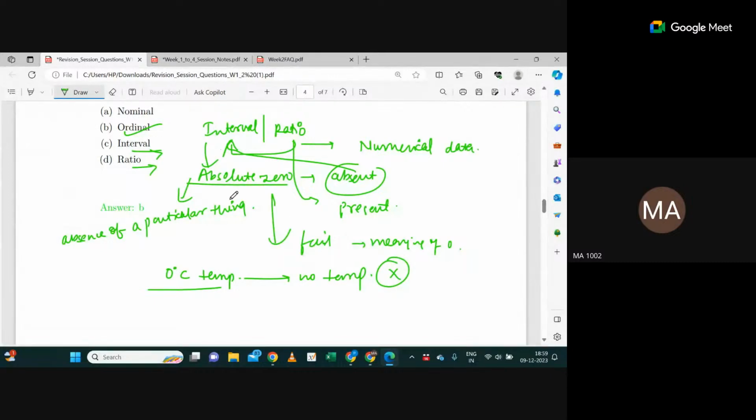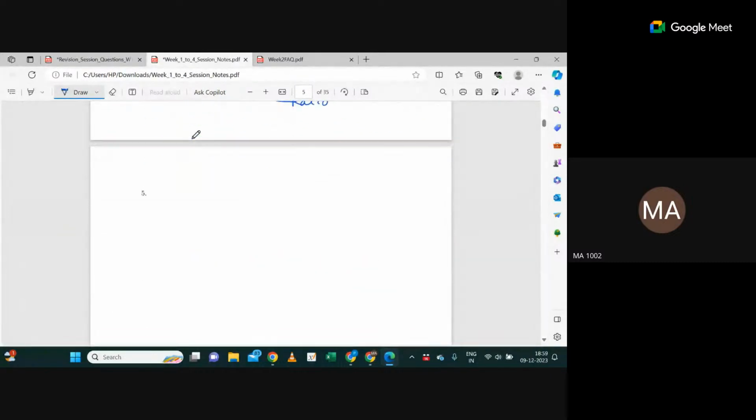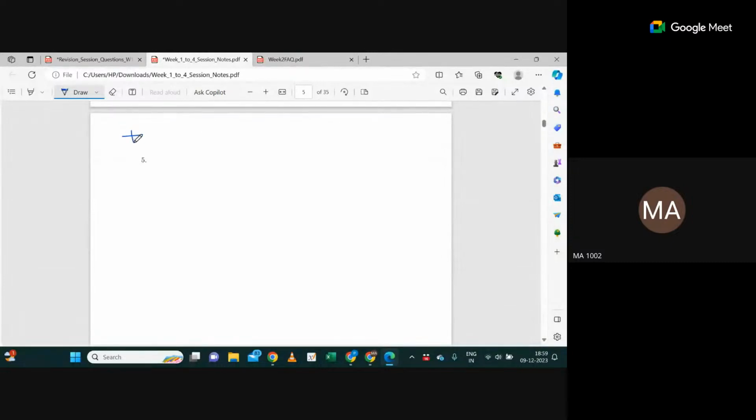Let me give an example. Why are we able to perform only addition and subtraction in interval? There is one reason, because of the absence of absolute zero property. I will tell you why.